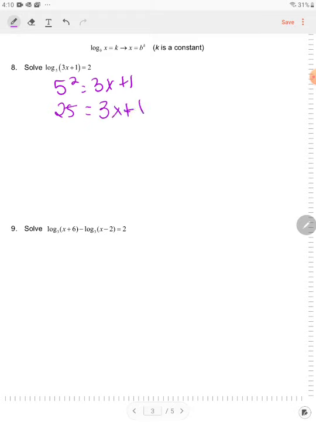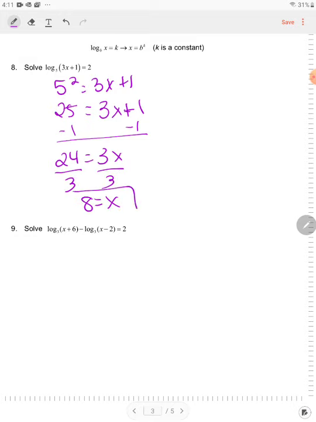Then we're going to subtract 1. So 24 is equal to 3x. Divide by 3. 8 is equal to x. And being positive, I would tell you most of the time your answer will be okay. But let's check. 3 times 8 is 24, plus 1 is 25. So that gives me a positive number, so that's good.